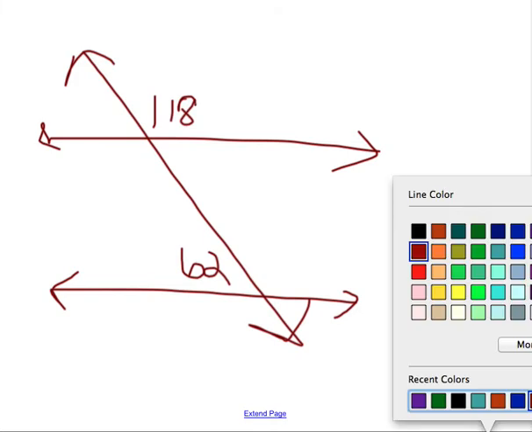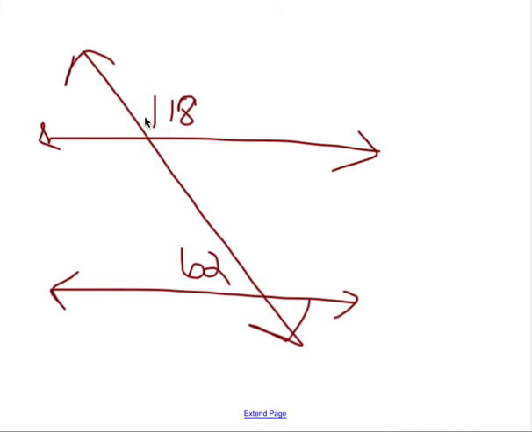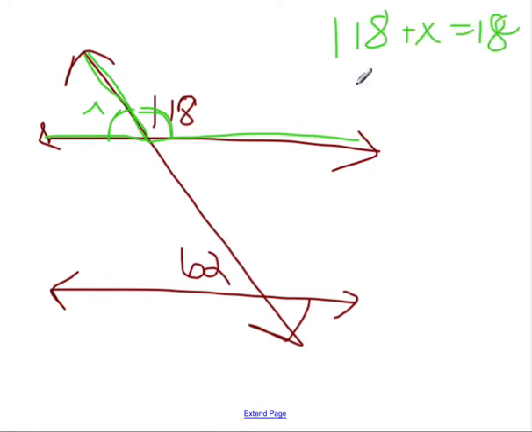The first thing I notice is that this angle and this angle have to add up to 180 because they make a line. So 118 plus whatever that angle is has to equal 180. Solving for x, we get that x is equal to 62. So this angle has to be 62 degrees.